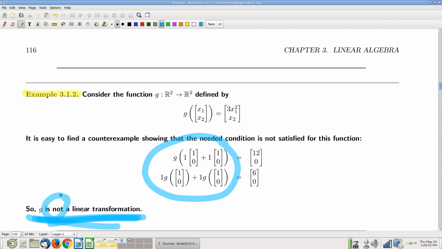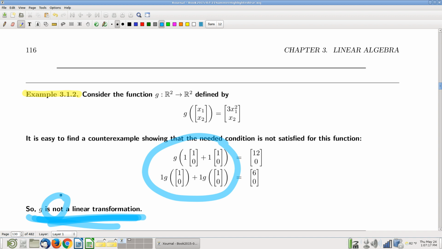So I think I left a dangling thought. Let me go back and complete that. Where did I come up with this counterexample? Well, I was motivated by looking at the fact that here's the part that's the nonlinear part. So let's put numbers into x1, because I know x1 is where that's going to experience the nonlinearity of this function, the squaring, namely.